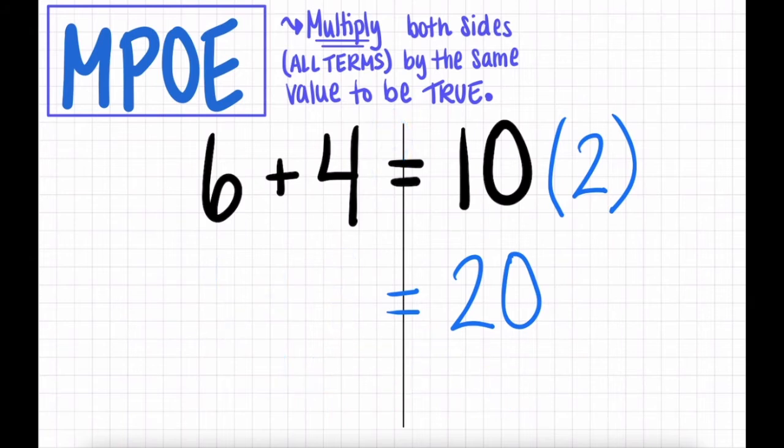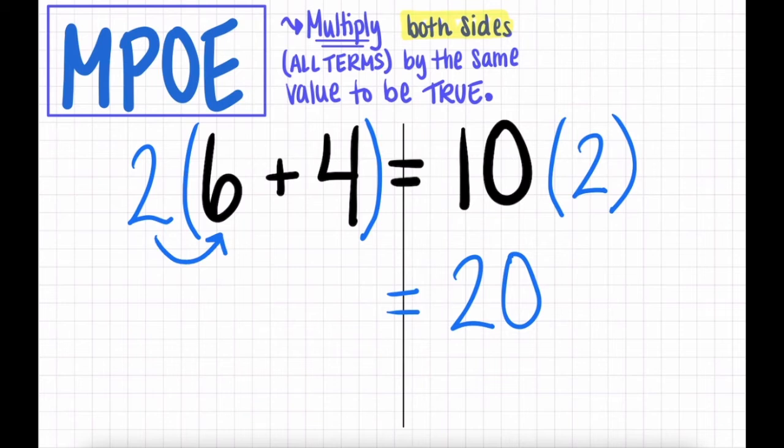If we look at the definition of MPOE, it says to multiply both sides of the equation by the same value. That means I need to multiply the entire left side by 2. So that means multiplying 2 by 6 and multiplying 2 by 4. Let's see what happens there. 2 times 6 is 12. 2 times 4 is 8.